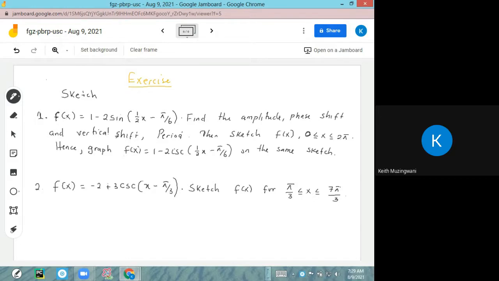Okay, so you have this as an exercise. Question 1 and 2. So the first one, you're sketching sine. You're also sketching cosec for the same. The second one, you go direct to cosec, meaning you sketch sine automatically. So don't erase sine. I want to see it, so that you would have sketched 4 in 2 questions.